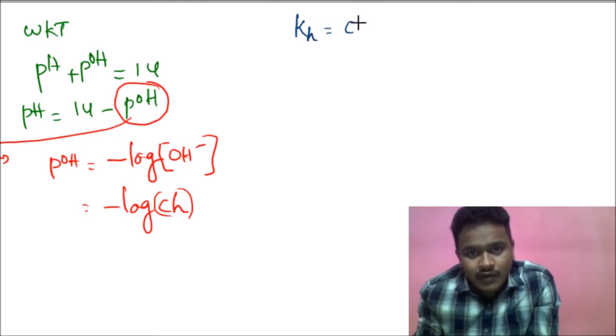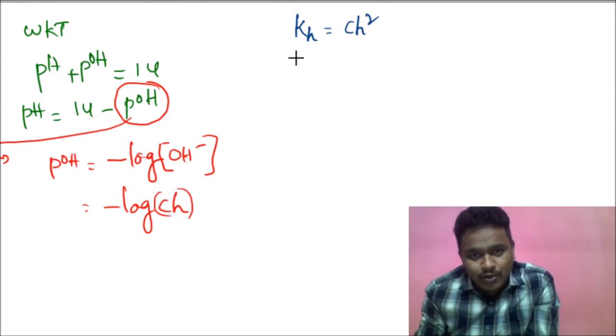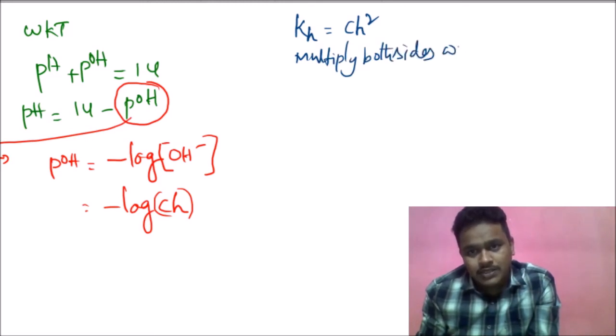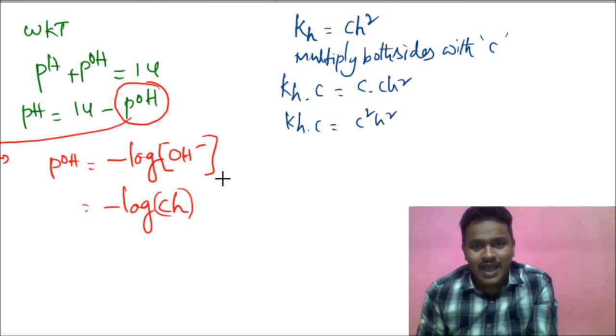Kh is equal to C h square. Now I need Ch, that is nothing but OH minus. What will I do? Multiply both sides with the concentration term C. Kh into C is C square h square.